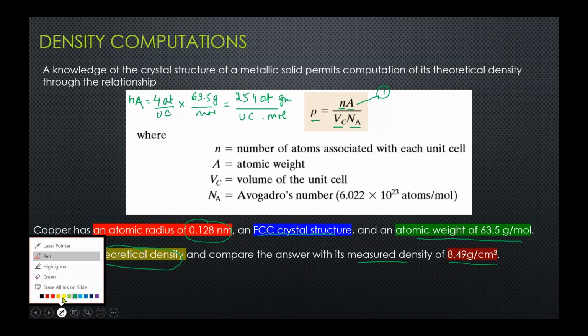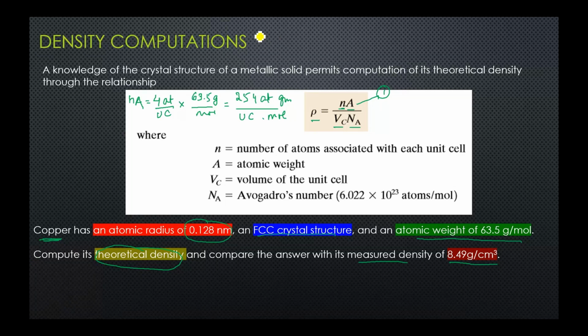In order to find the volume of the unit cell, the volume of unit cell VC for an FCC is a cube. a is essentially equal to 2 root 2 R, whole cube. This becomes 16 root 2 R cube, and R is given as 0.128 nanometers. Since we are having the density in grams per centimeter cube, I would use the value of R in centimeters.